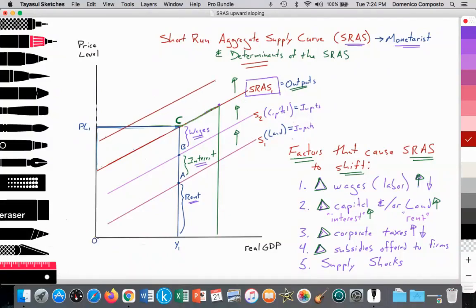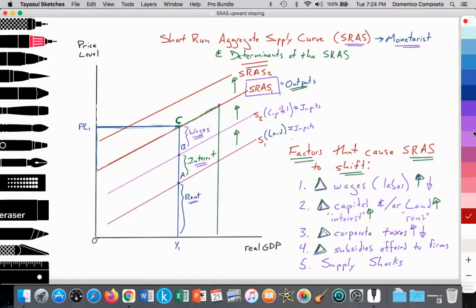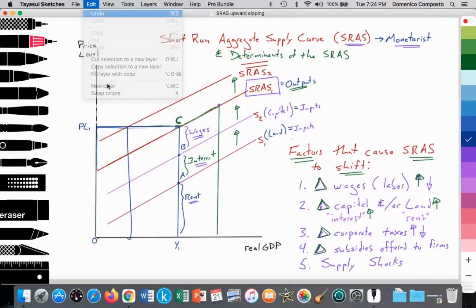So here is the SRAS curve. SRAS shifting upwards or inwards from SRAS1 to SRAS2 because of a change in the costs of production. So if the price level is constant at PL1, then we would see that the firm would have to reduce production from Y1 to this point, Y2.